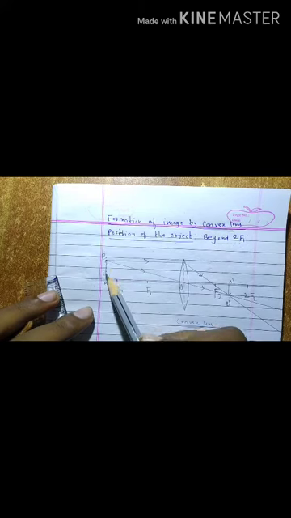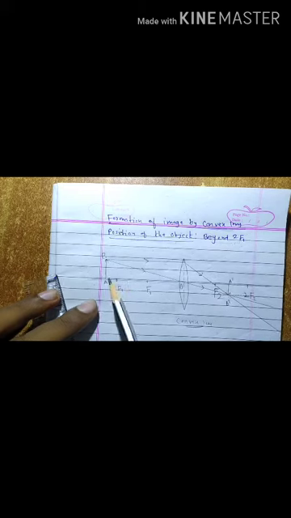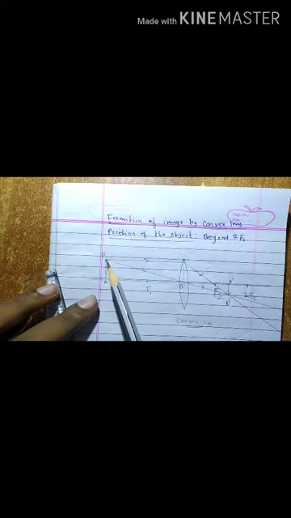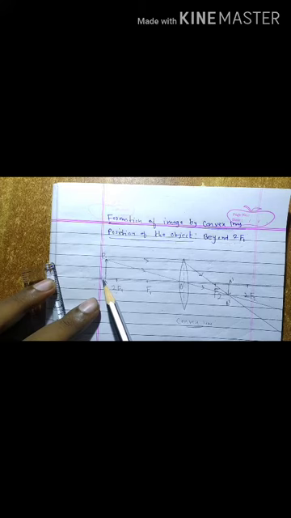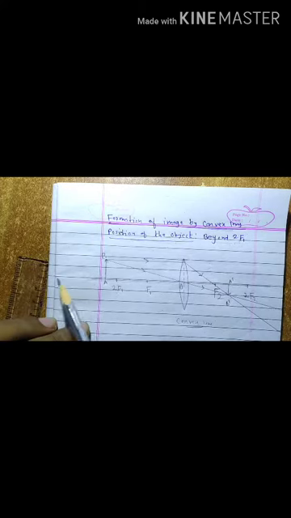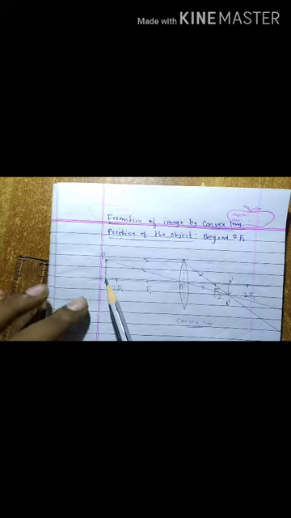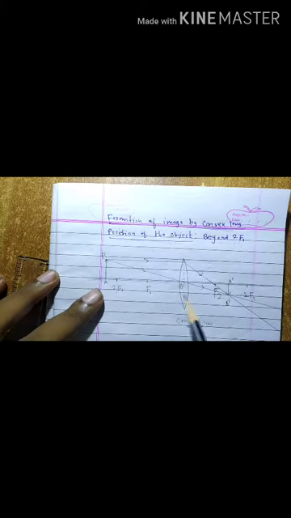Now compare one thing: the height of the object is larger as compared to the image size. So where is the object placed? Object is placed beyond 2f1, or we can say in between infinity and 2f1. In that case, where will the image form? The image is forming in between f2 and 2f2.